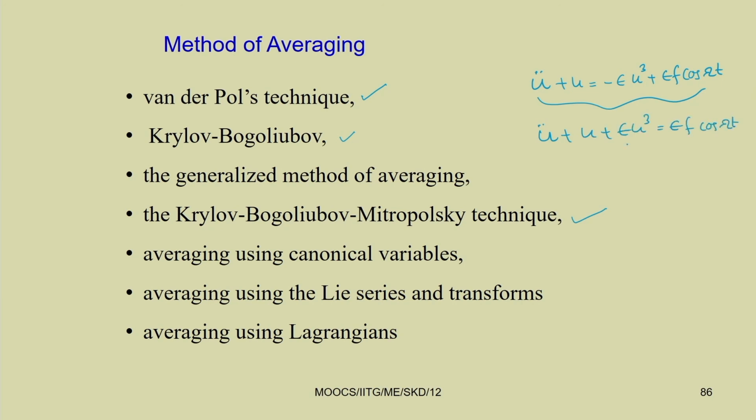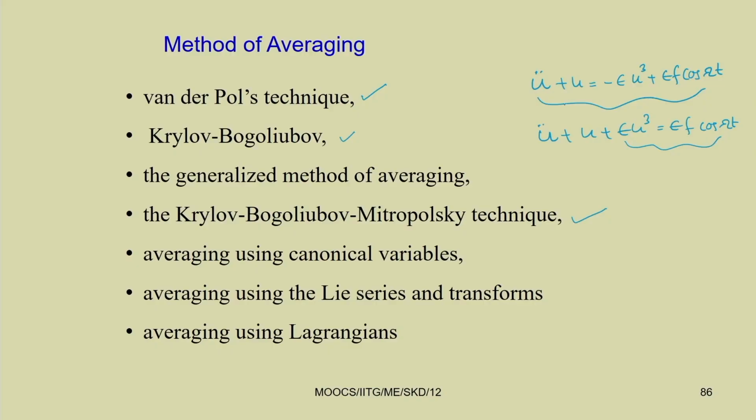Here, what we did is take all the terms with epsilon to the right hand side and write this equation. In the method of averaging, it is assumed that the solution of this equation can be considered as that of the solution obtained by putting epsilon equal to 0. So, let us put epsilon equal to 0.